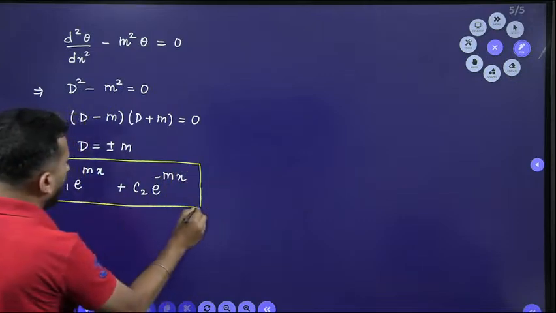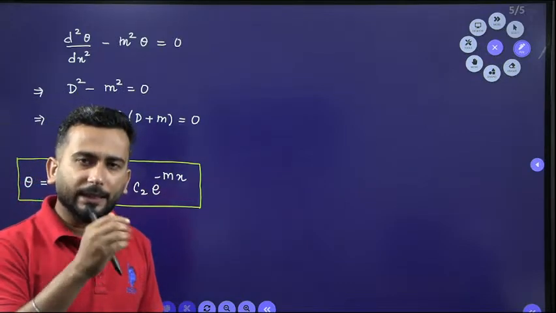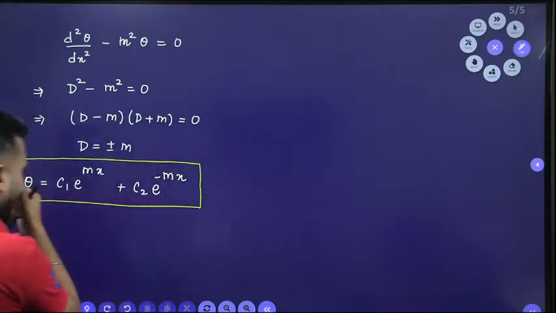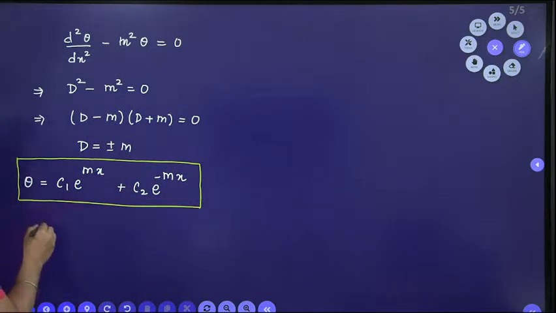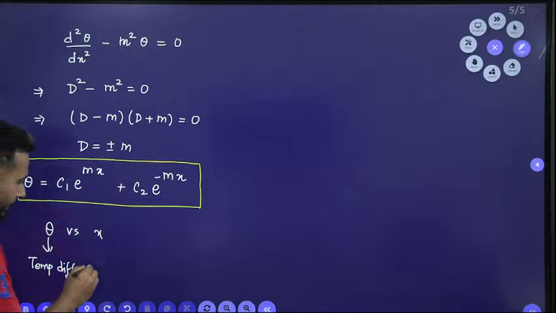So what have we found out? We have found out the theta versus x profile, theta variation with respect to x. Now what is theta? Theta is the temperature difference at any position. Always remember, theta is the temperature difference at any x.